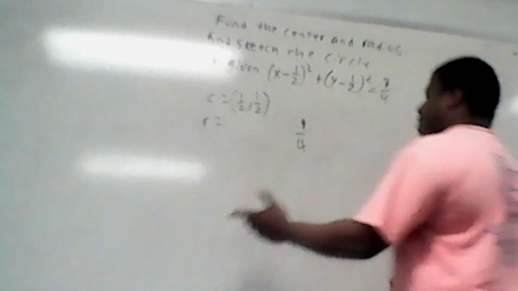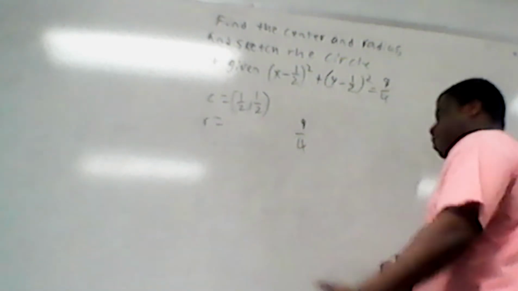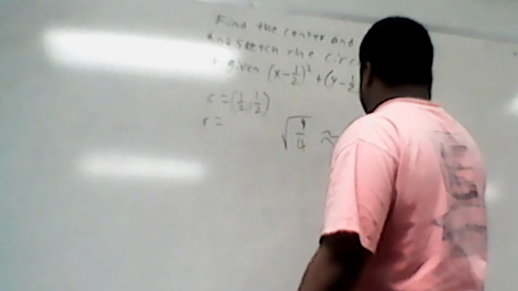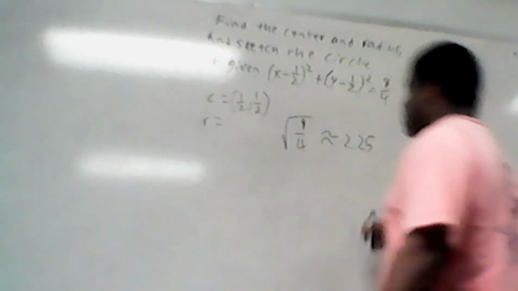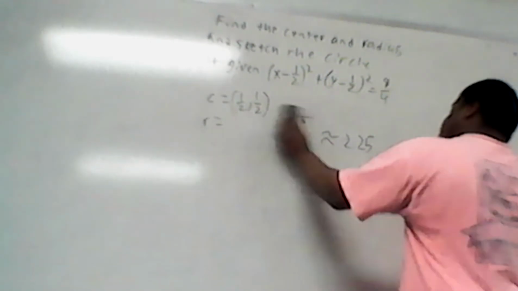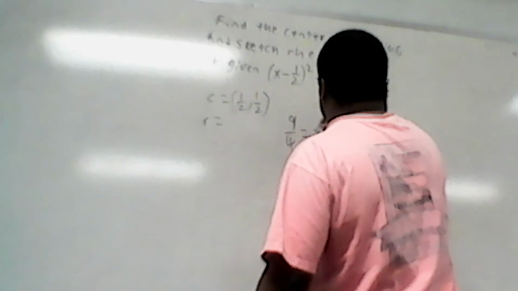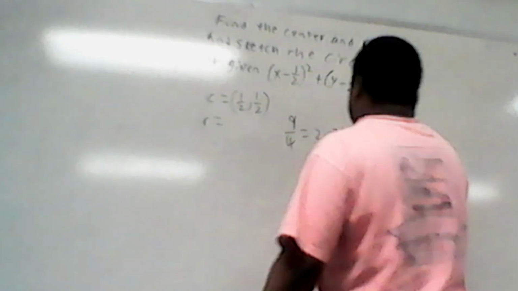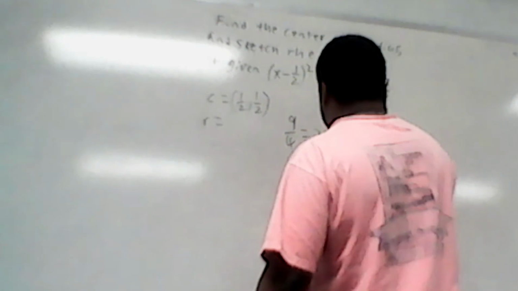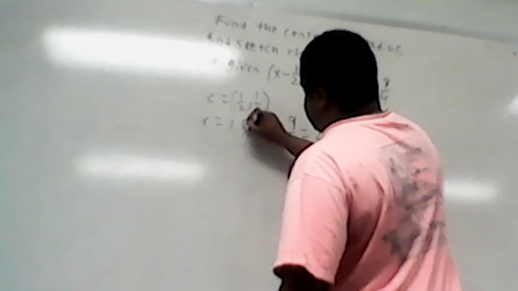Now remember in the equation it had been squared, so to get it back to just r, I want to take the square root of it. Oh, no, I'm sorry, let me backtrack. 9/4 is equal to 2.25. And so if I take the square root of 2.25, I get 1.5 for my radius. So my radius is 1.5.